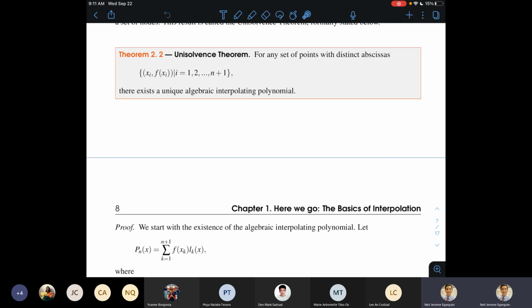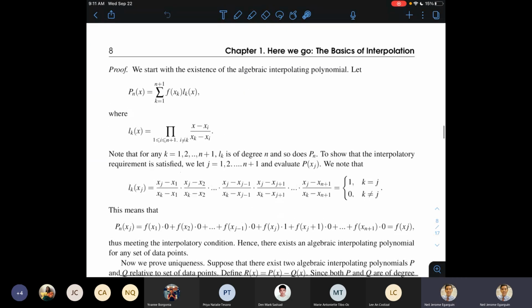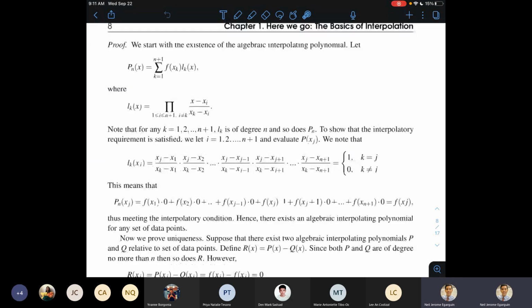Now, to prove existence, one way to do so is to give me a formula for the algebraic interpolating polynomial. So in this page, we do have here the form for the interpolating polynomial. So it says here na, okay, consider p sub n of x to be the summation of f of x sub k, L sub k of x, k going from 1 to n plus 1. So we don't have any problem with the f of x sub k.